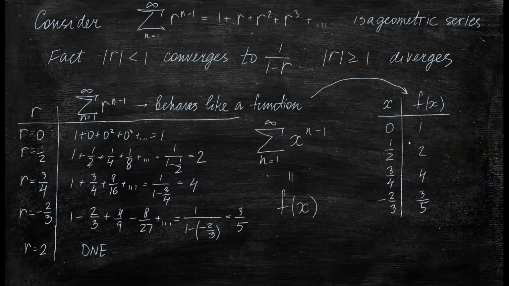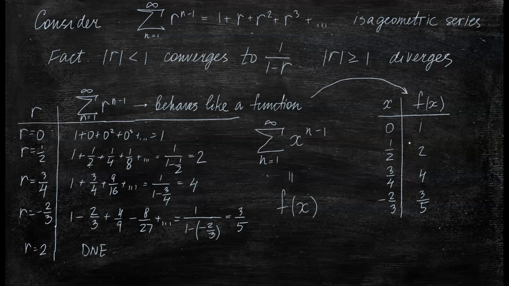Which function though? How do we know which function it behaves as? And the answer is in the fact that we know that geometric series converge to 1 over 1 minus r when they converge.